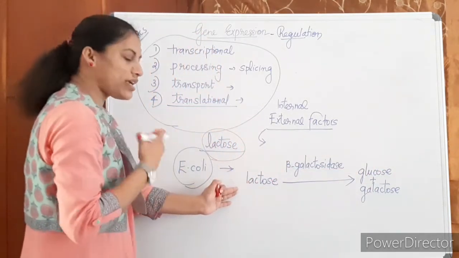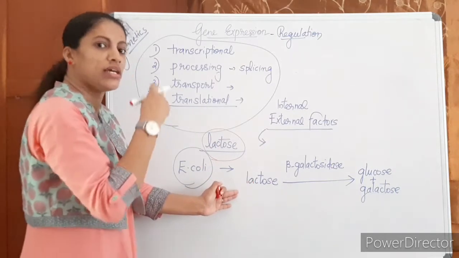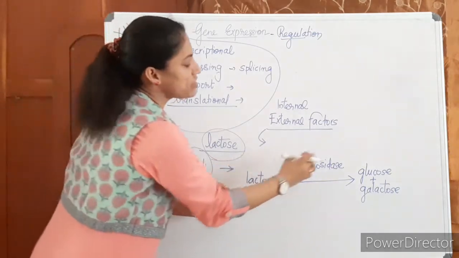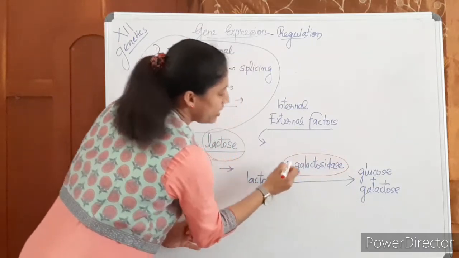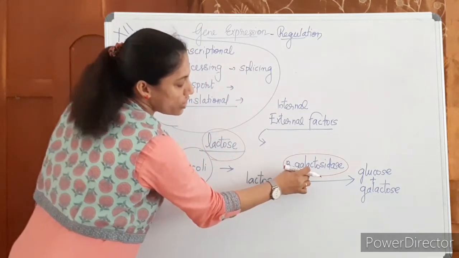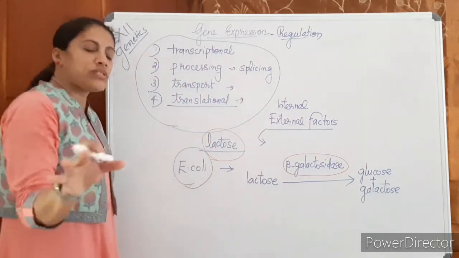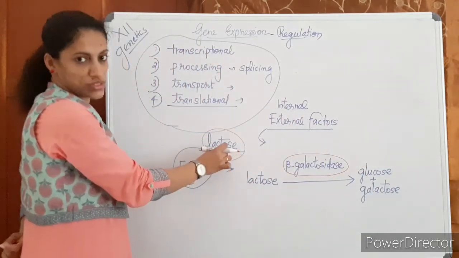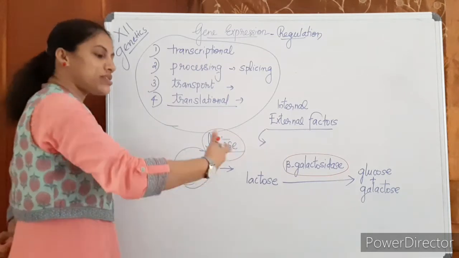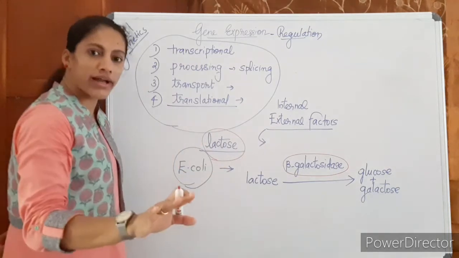Okay, if it's getting lactose as the food or nutrient, that should be broken. Then it requires this enzyme. The requirement is only to break down lactose to glucose and galactose. Suppose this bacterium is not getting lactose from the medium. Okay, it is growing in a medium where there is no lactose.